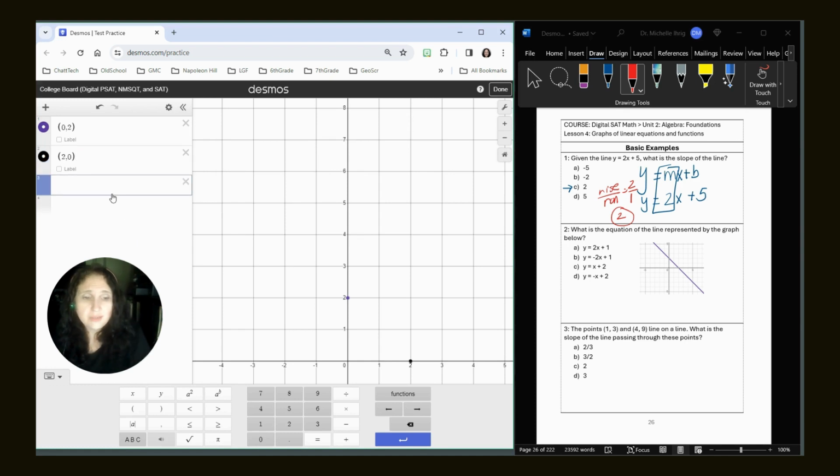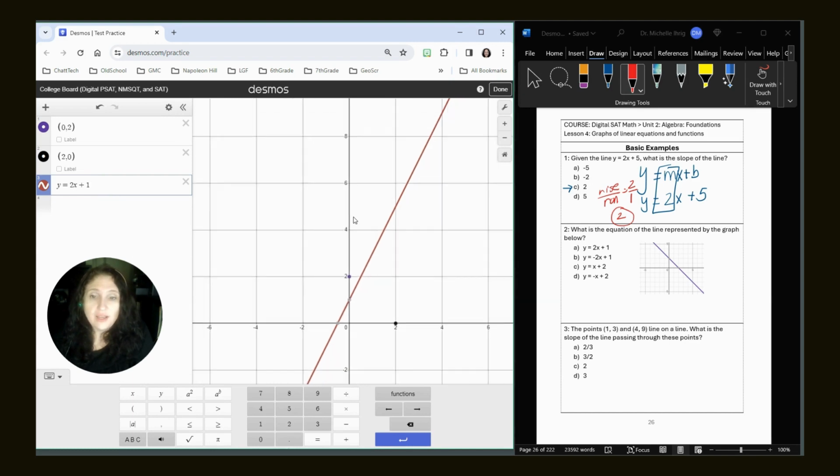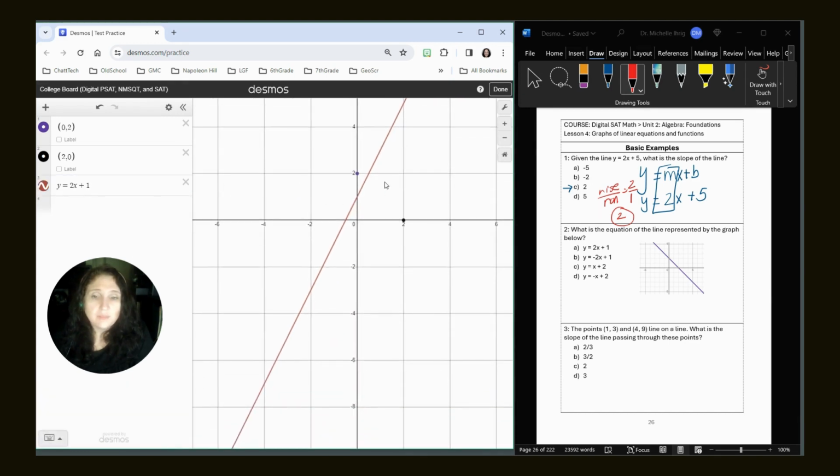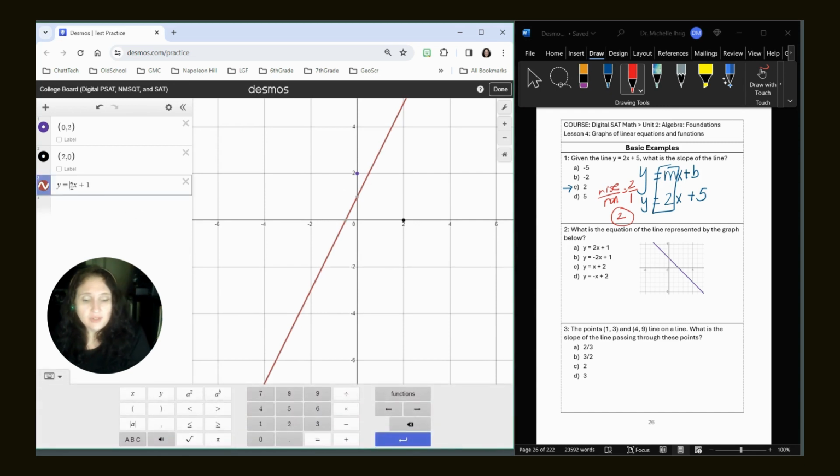I'm just going to type in each option. Here's option A, y equals 2x plus 1. We could very clearly tell that 1, the slope is going in a completely different direction, and 2, it doesn't go through the points. So then let's try negative 2x plus 1.